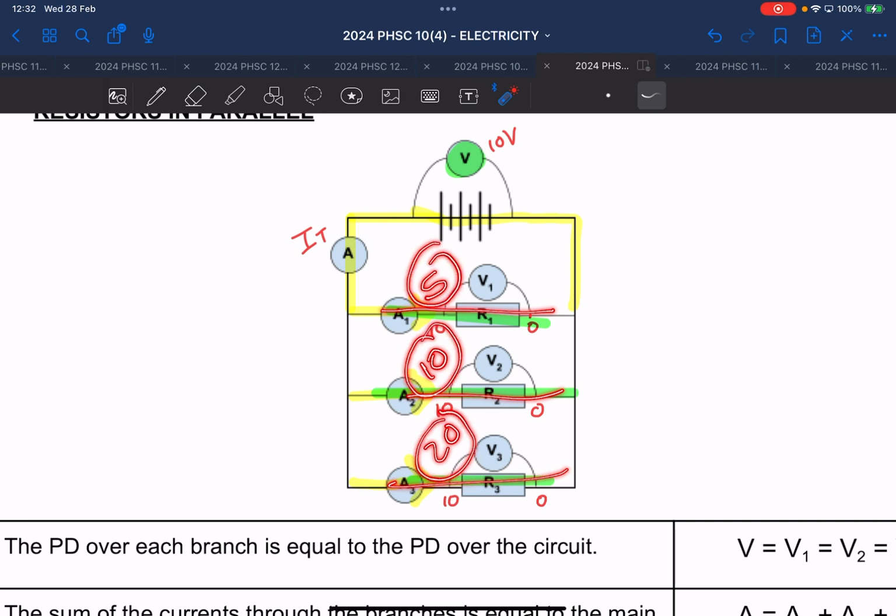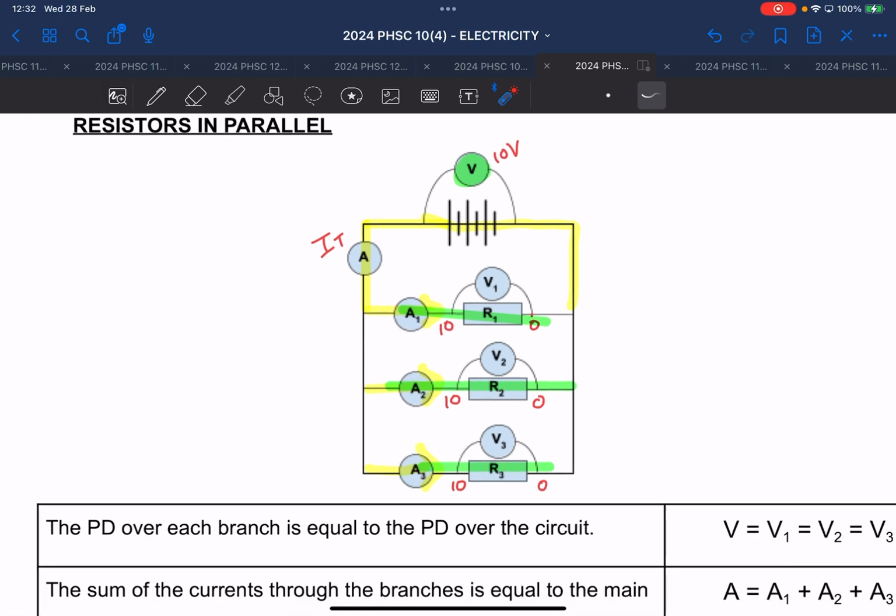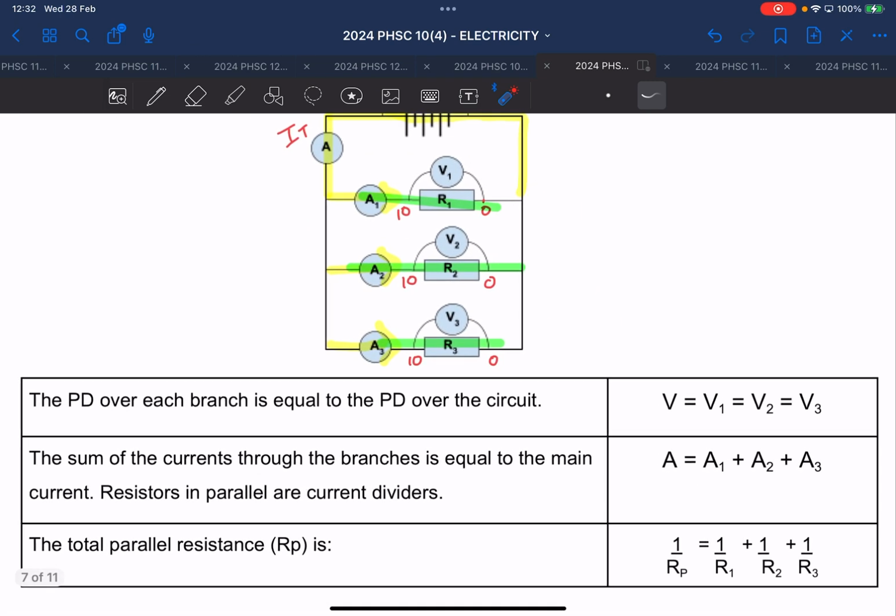But how much energy each learner has is exactly the same. So the current, how many, is different, but the energy per person is the same. Alright, so we have here that the potential difference, the volts, over each branch is equal to the potential difference over the whole circuit. The volts stays the same, basically.